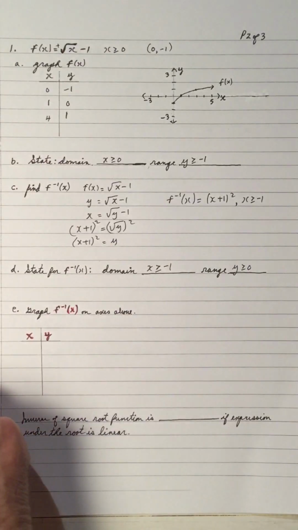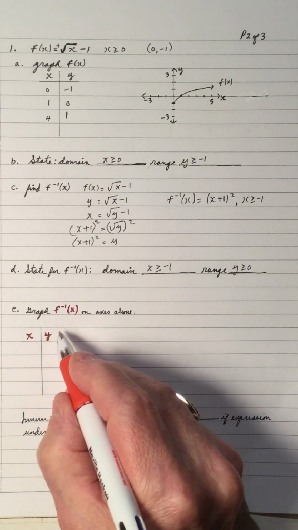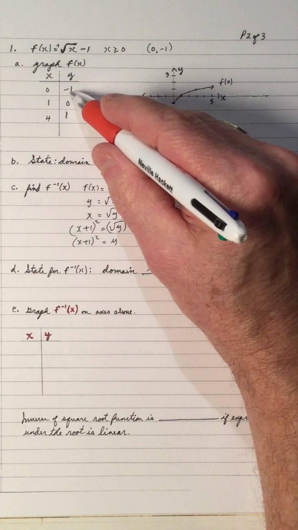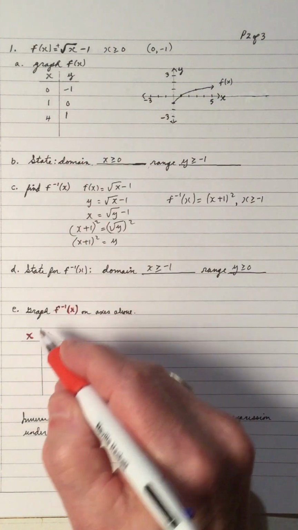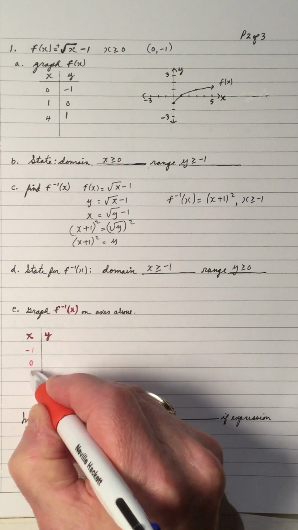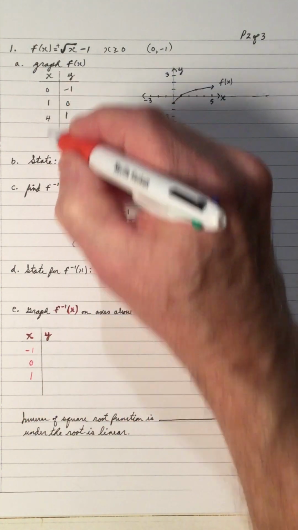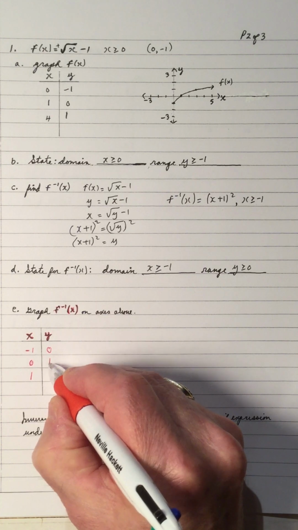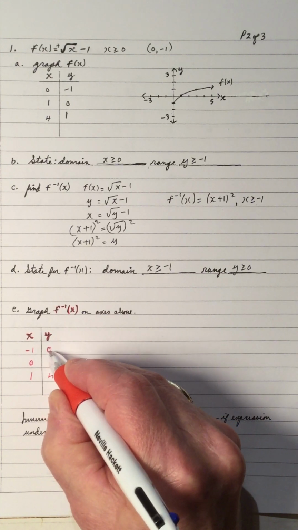Now I'll use a red pen to do its inverse. I can do the inverse in the table of values, so the y's become the x's. So I can do negative 1, 0, 1, and the x's become the y's, 0, 1, 4.